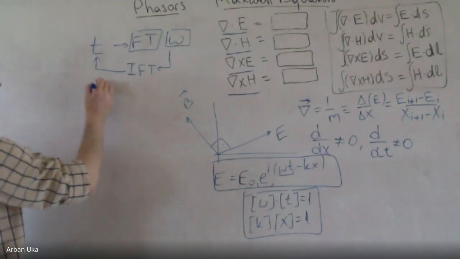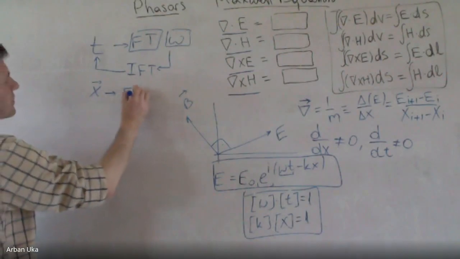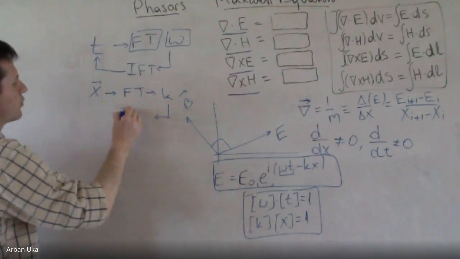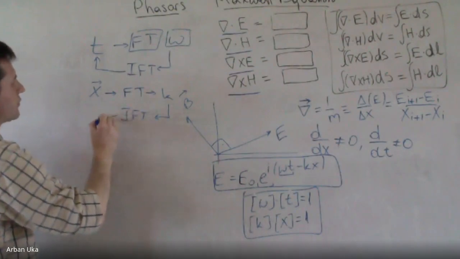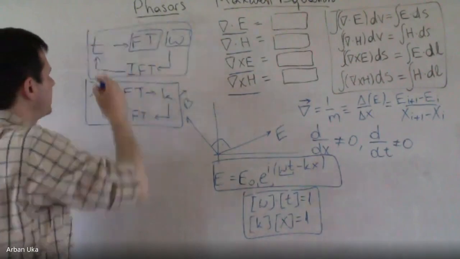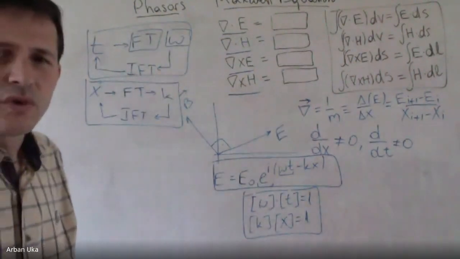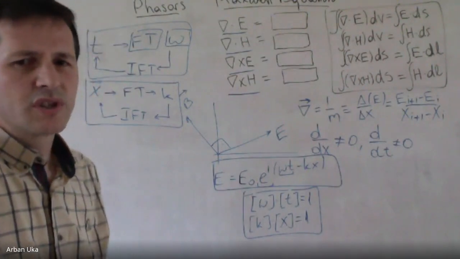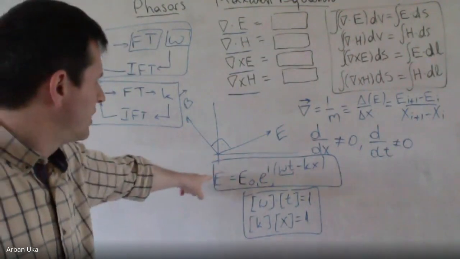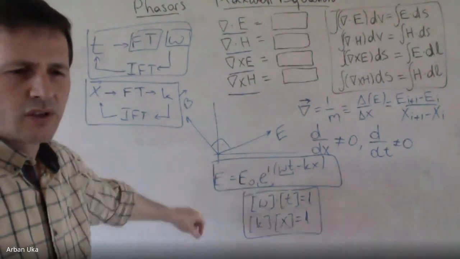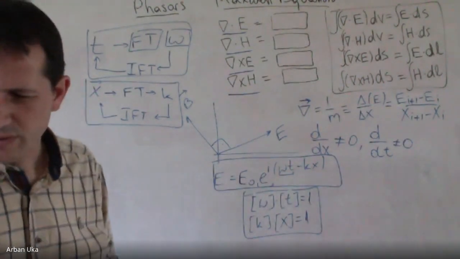Similarly, from x, we go with Fourier transform to k space, and from k, we come backwards with inverse Fourier transform to get the representation in terms of x. Now, these quantities, which are conjugate or reciprocal with respect to each other, we see those in this behavior of the electric field. So they are related to each other.